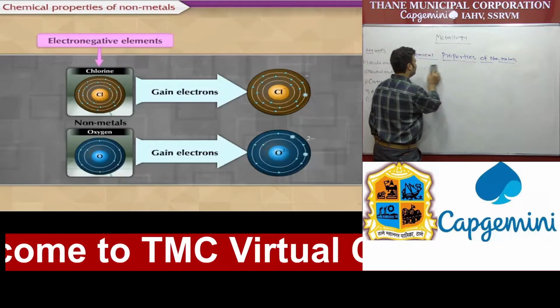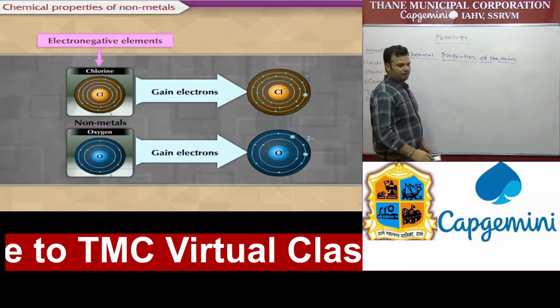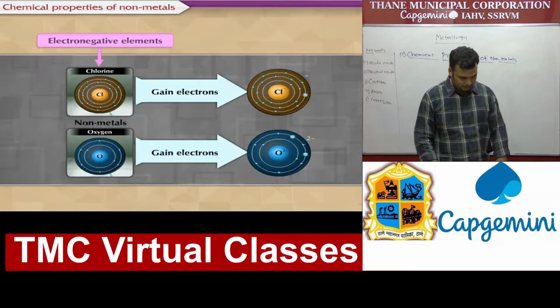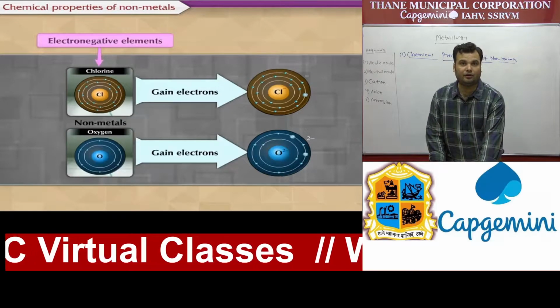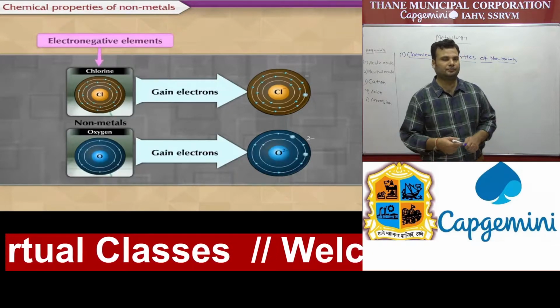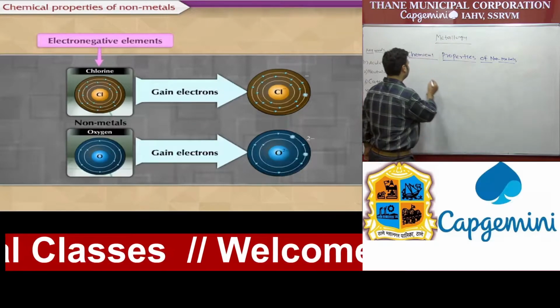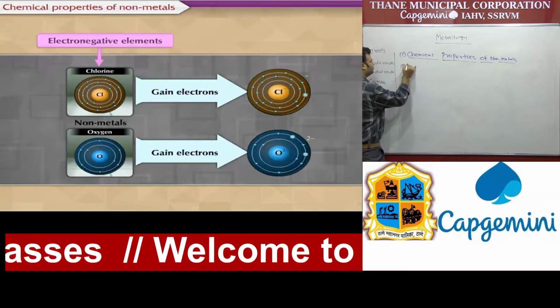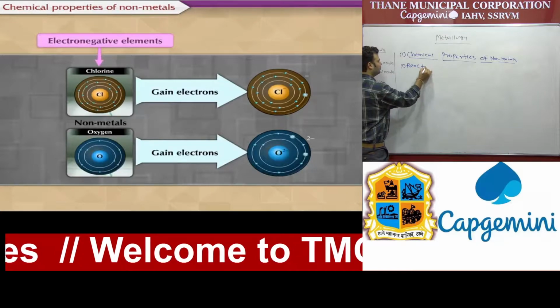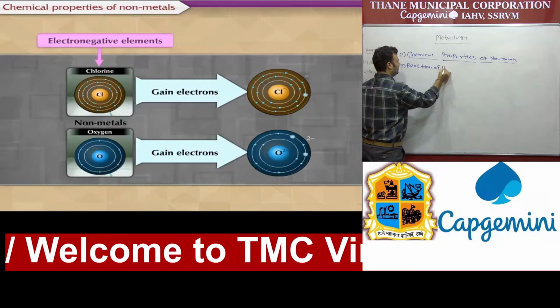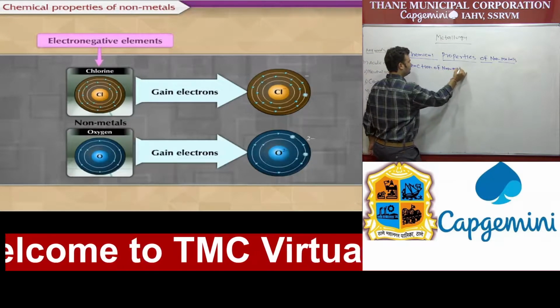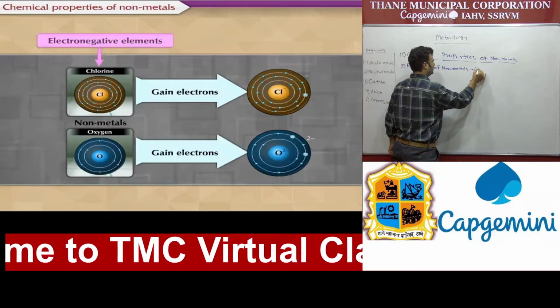So chemical properties of non-metals. In this part, the first thing we have to see is what happens when non-metals react with oxygen. Reaction of non-metals with oxygen.